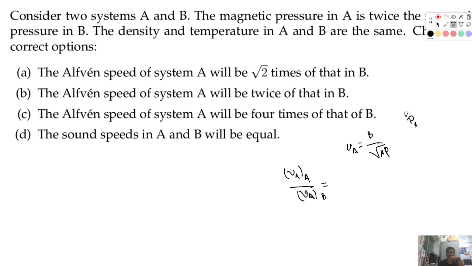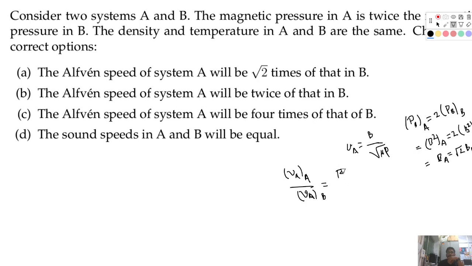This is for A, which is twice P_B for B, right? Now the magnetic pressure depends upon B squared by 2 mu, right? So I am not going to do that. So B squared, now here it is 2 B squared at B, right? So this B_A is equal to root 2 B_B. Okay, so you have this one.